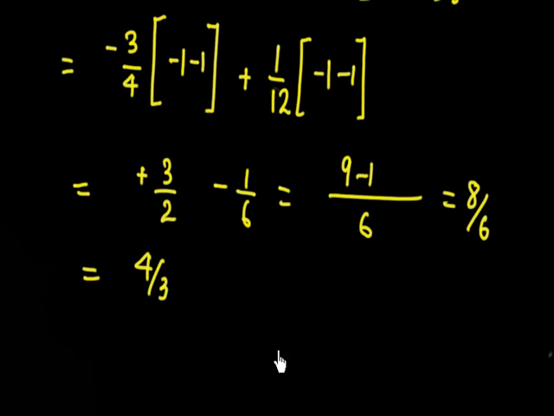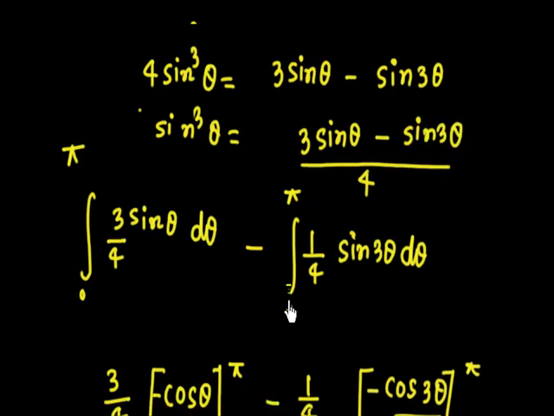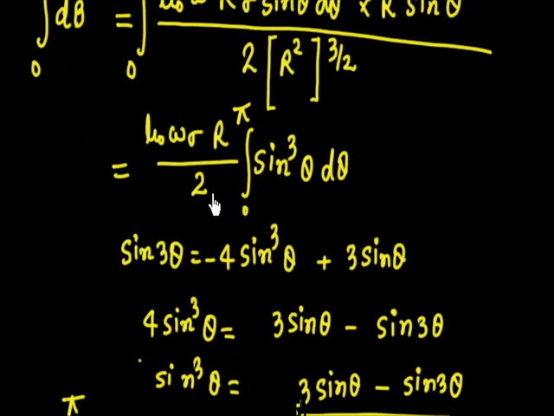Now I have to plug this value of the integration, that is 4 by 3, here, and everything is done. If I plug this integration here, this will have 4 by 3. So this is 2 by 3. You multiply this 4 by 3 and the 2 goes, so you will have 2 by 3 mu naught sigma omega r.